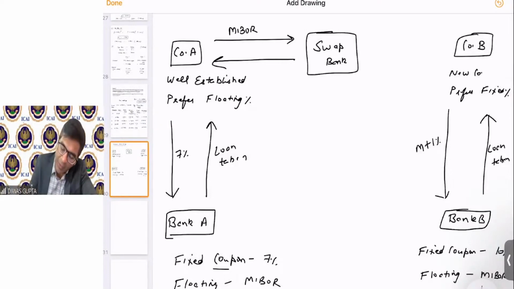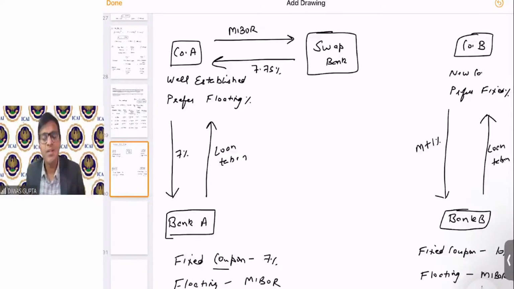Here Swap Bank will pay Company A, let's say, 7.75%. So what is happening? Company A is first of all paying Bank A fixed 7%. Then Company A is receiving 7.75% from the Swap Bank. And Company A is paying Swap Bank MIBOR. So ultimately, MIBOR plus 7% minus 7.75% is the effective interest rate for Company A. Correct? We will come to that.